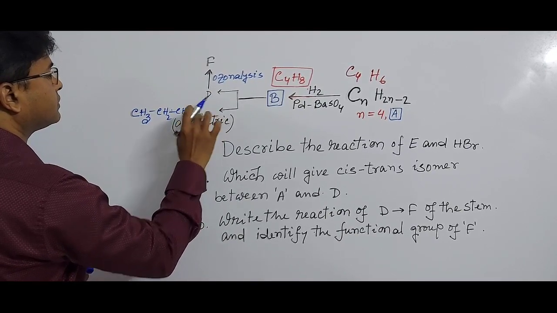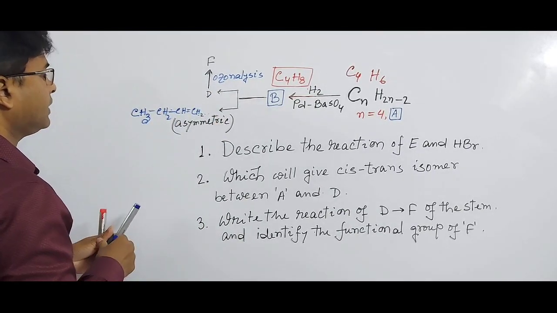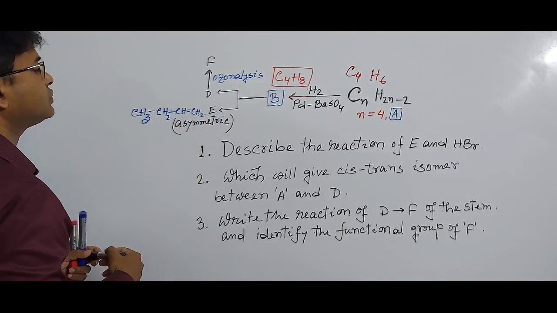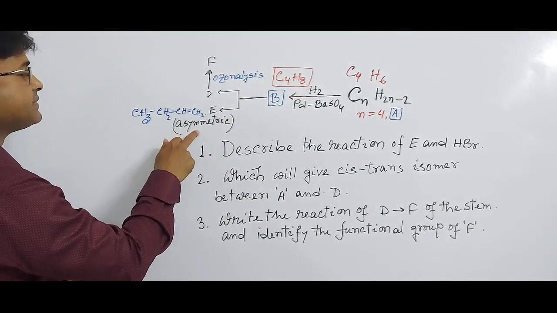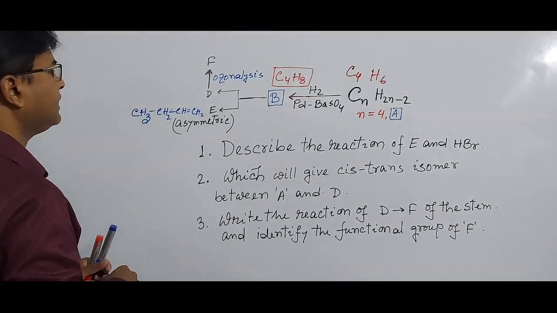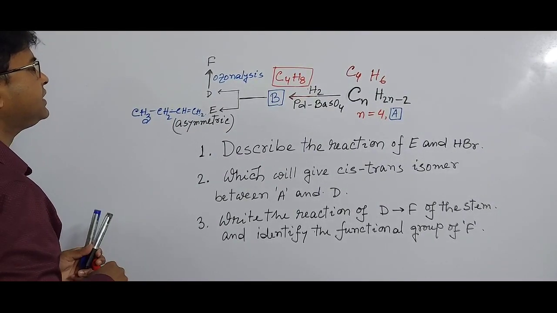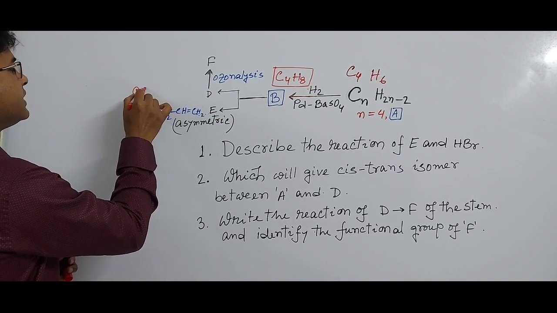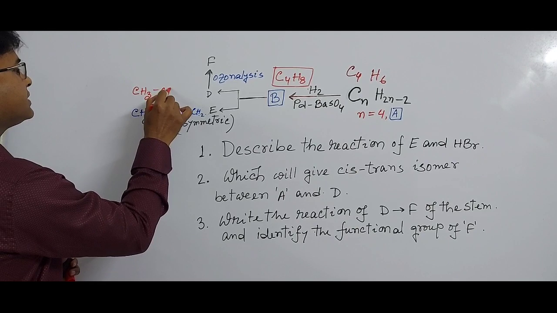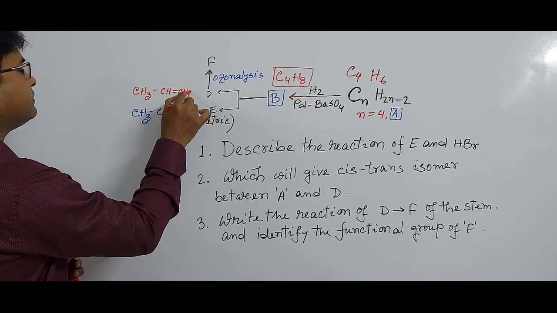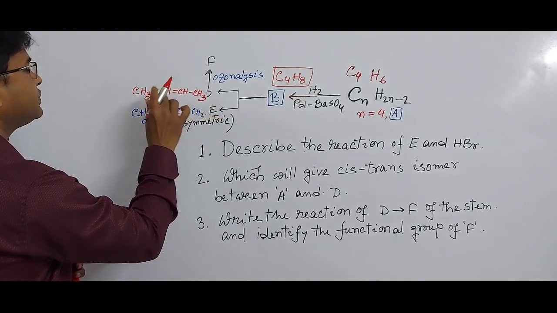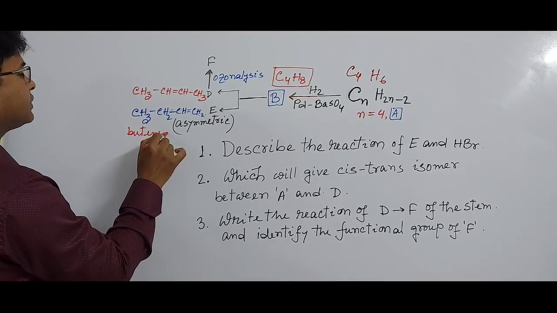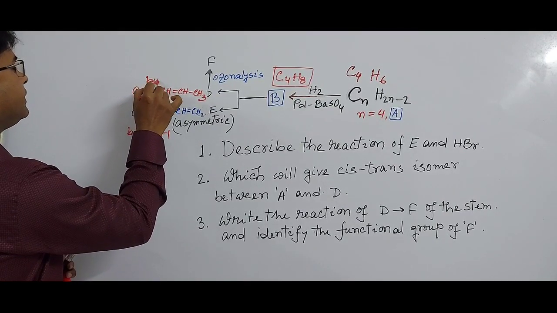So students, I can say this is butene 1, and butene 1 is an asymmetric alkene. And again, if I consider the D compound, it will be CH3 bond CH double bond CH bond CH3. This is butene 2.